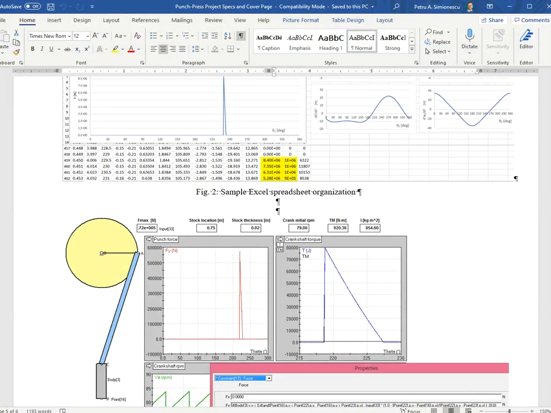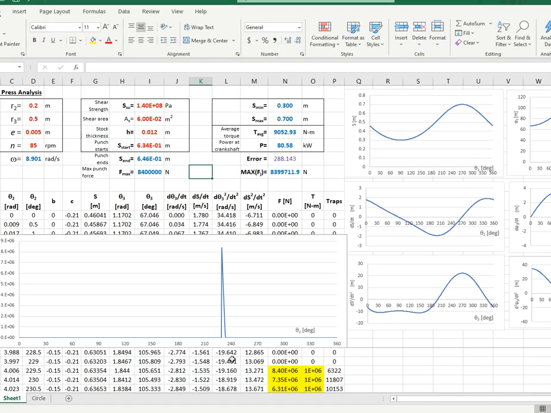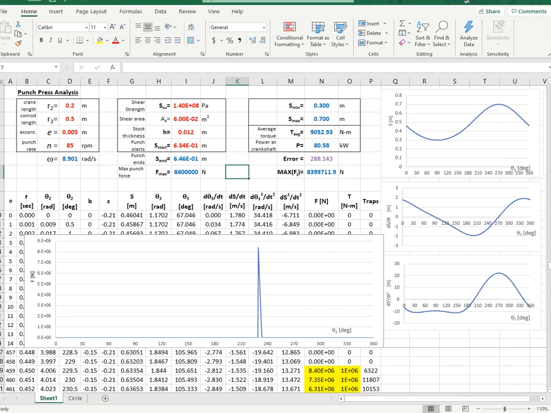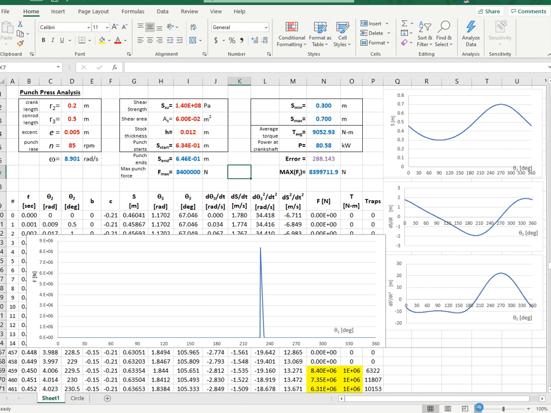Okay, so I do have my spreadsheet. Let me see if I can make it fit the recording window.